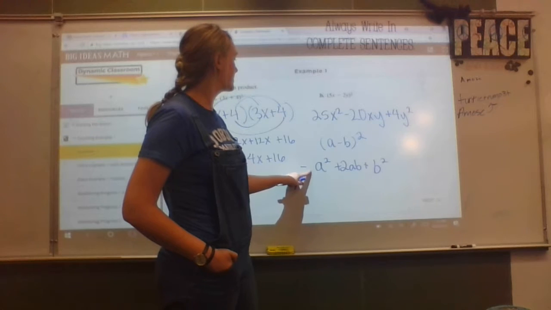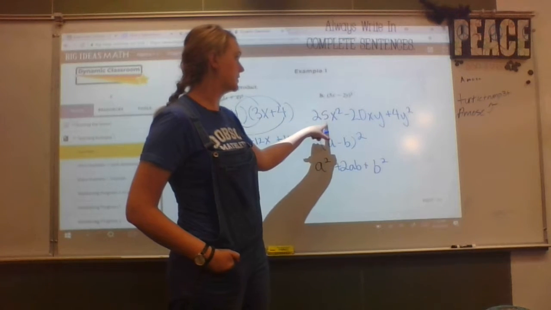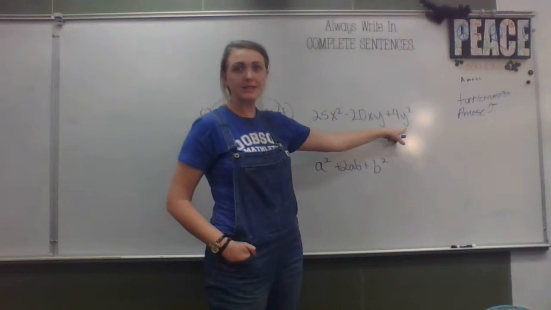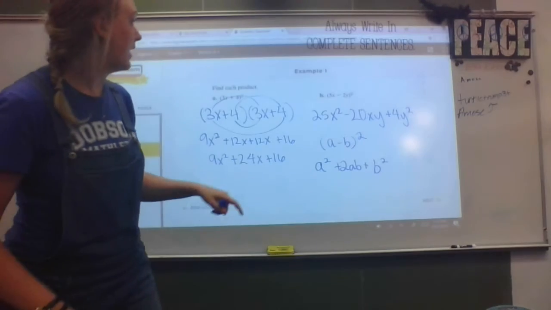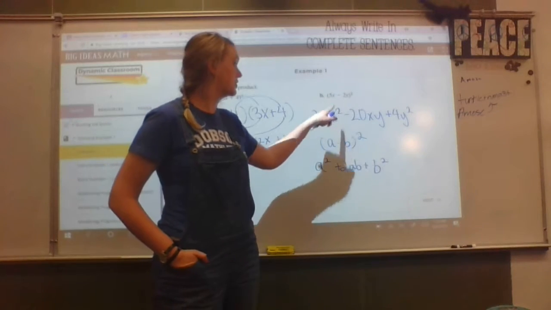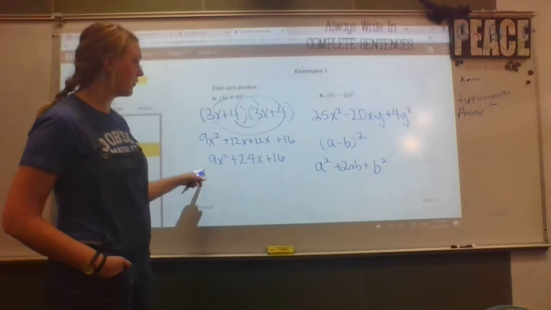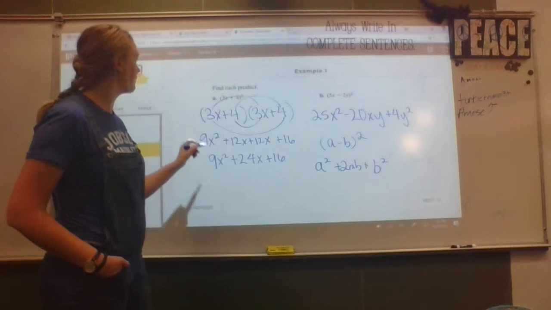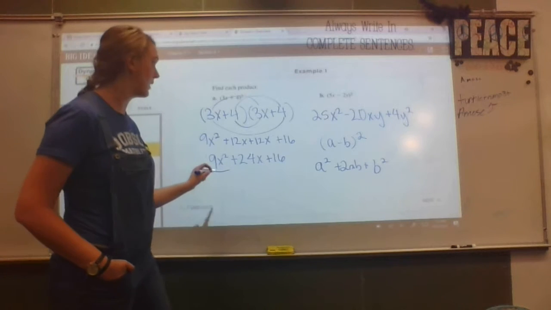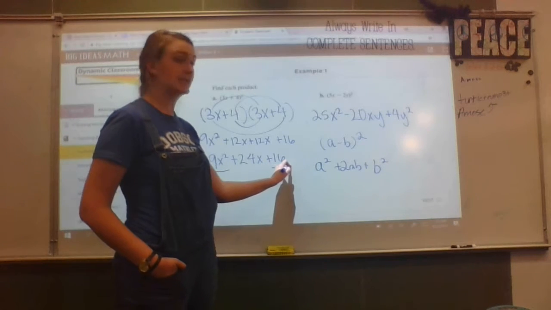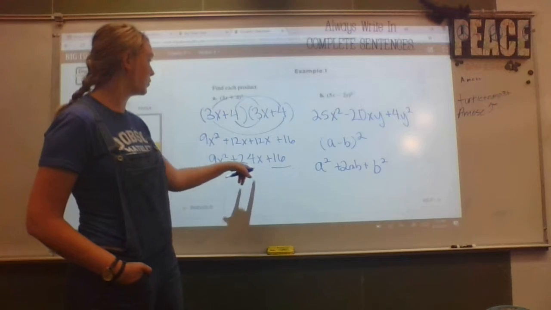If you ever are squaring something on itself, you're going to do first squared, last squared, and then to get your middle term, you're going to do 2 of whatever you get when you multiply each other. So even though over here I FOILed, I can actually see that that formula worked out. 3x becomes 9x squared, 4 becomes 16, and then 3x times 4 is 12x.